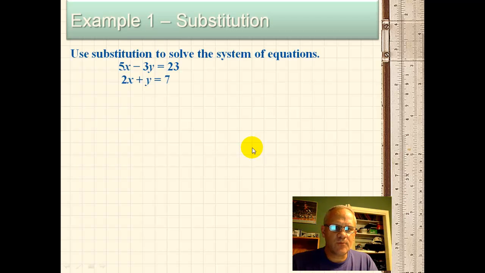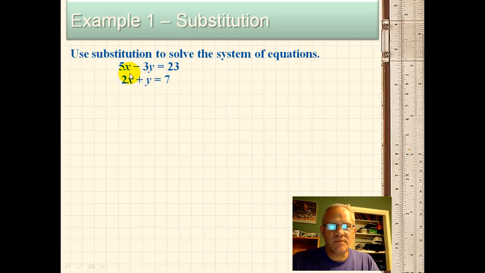Here is one of our situations. We're going to do substitution. Now, my suggestion here is look at what you've got. You've got a 5x, a 3y, a 2x, and a y. I am always going to try to get by itself the x or y where there's not a number in front of it, typically.